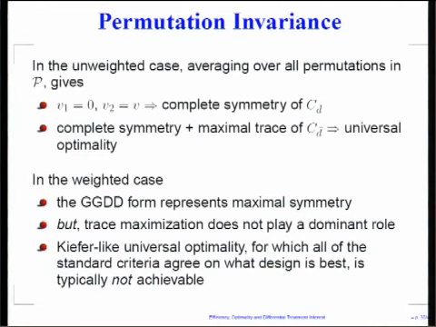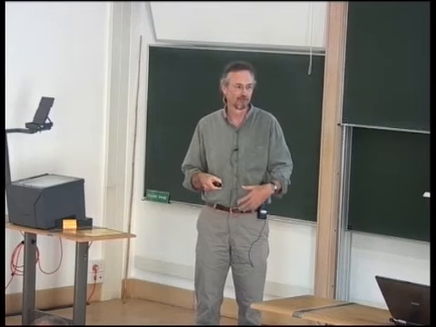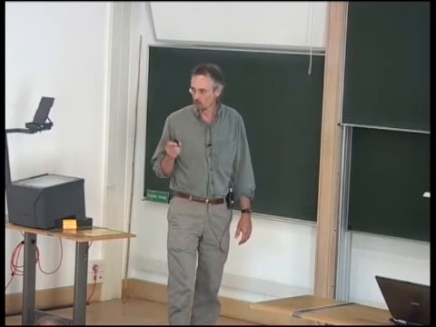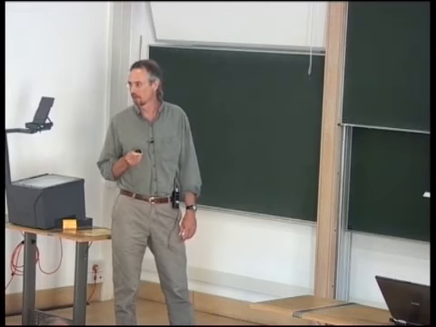And Kiefer-like universal optimality doesn't happen here. In fact, what we find typically is that different weighted criteria can lead to very different optimal designs. Well, whatever you want to argue about optimality criteria in the standard, unweighted setting, they tend to migrate towards the same kind of design. That's not the case here, which means when you're weighting, you really need to think about the meaning of the criterion.